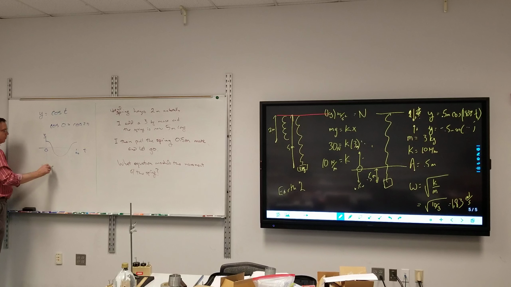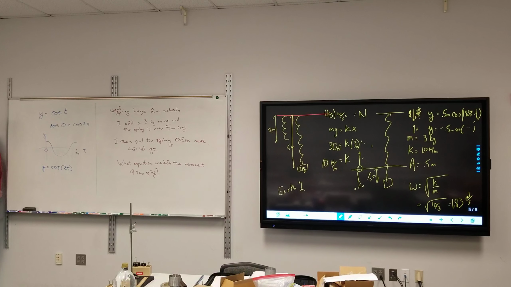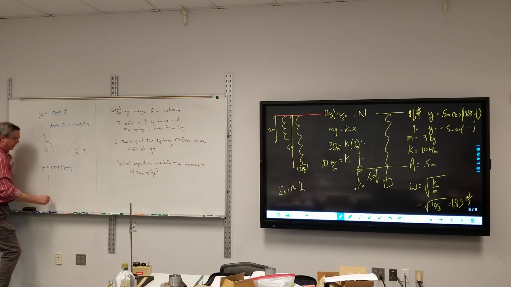If I did y equals cosine of 2t, what does that do to the graph? Shortens the period. It crunches it this way. In terms of the wheel, if the wheel is now spinning twice as fast, it takes half the time to go around. So that plot, assuming that's 2 pi right there, that's pi, would look like that.